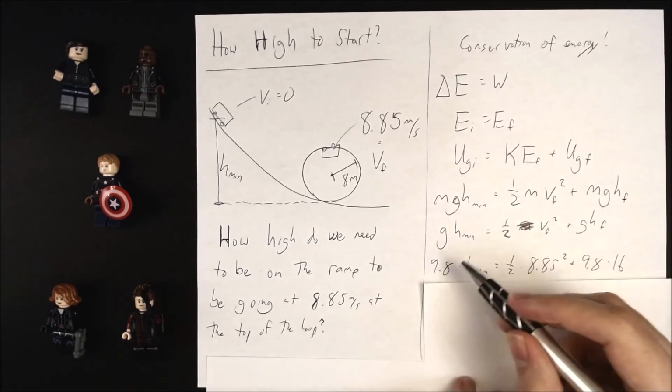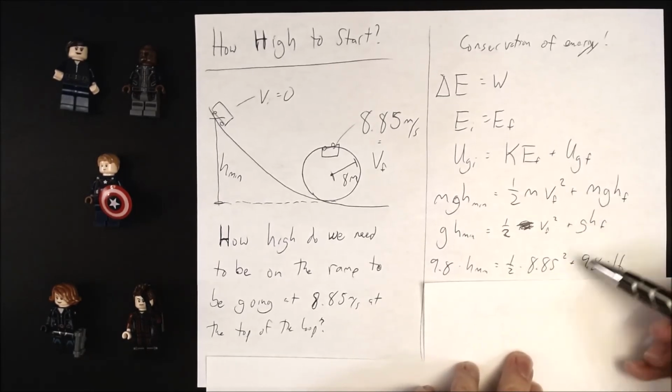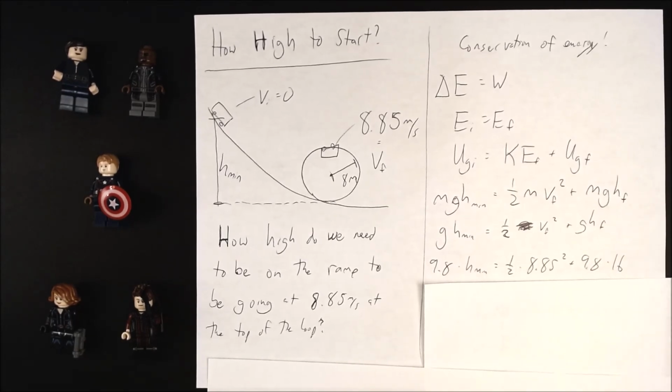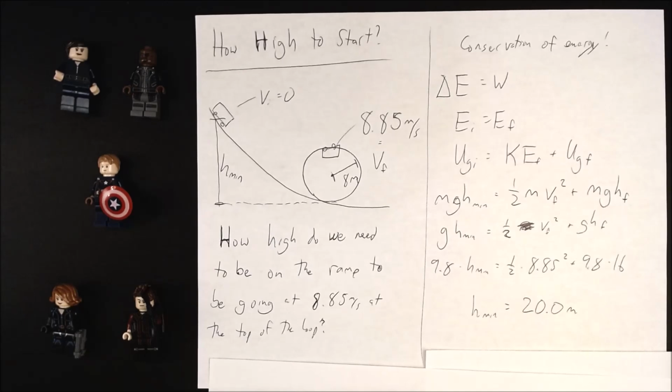We get 9.8 times h min is equal to 1/2 times 8.85 squared plus 9.8 times 16, and solve for h min. Ding, ding, ding. We got it: 20 meters. That was purely by accident. I did not mean it to be exactly 20 meters, but happy little accidents, I suppose.